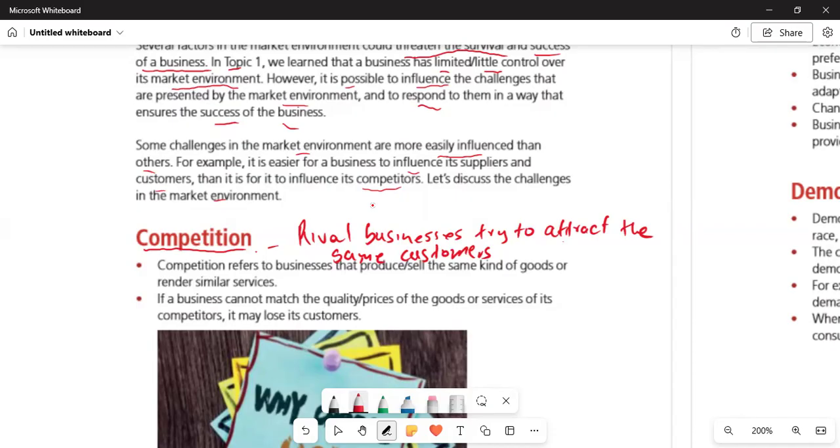Competition refers to businesses that produce or sell the same kind of goods or render similar services. That's why I came up with the example of Coca-Cola and Pepsi. They are all competing for soft drink market share. If a business cannot match the quality and the prices of the goods or services of its competitors, it may lose its customers.